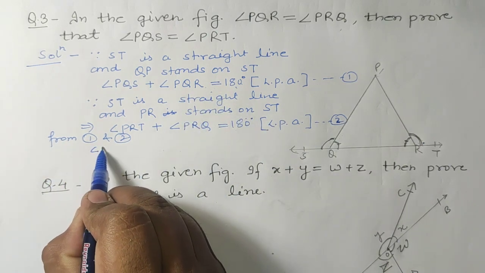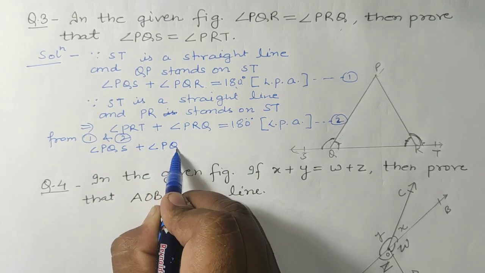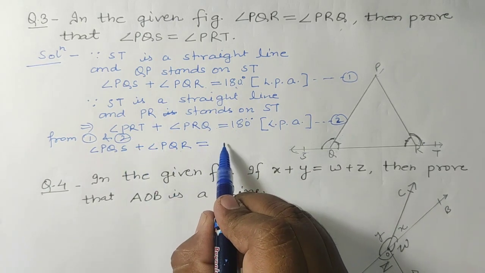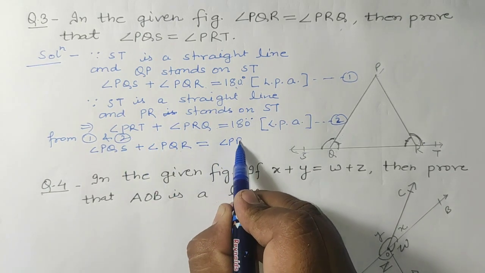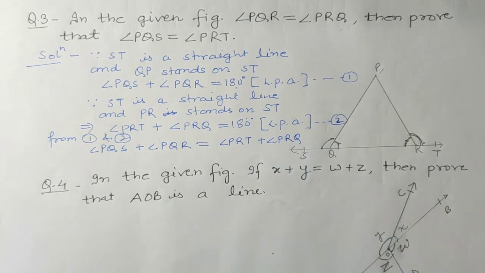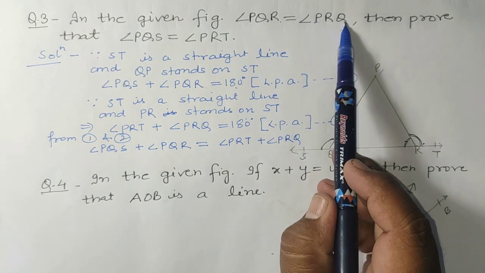So here angle PQS plus angle PQR is equal to the left hand side of the second equation, angle PRT plus angle PRQ. Now students, in the question it is given that angle PQR is equal to angle PRQ.